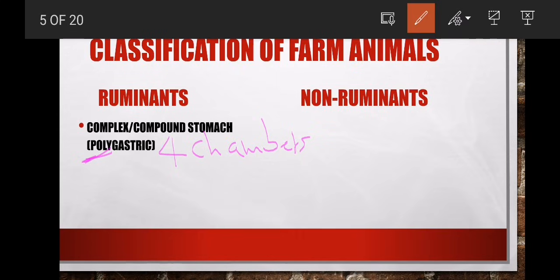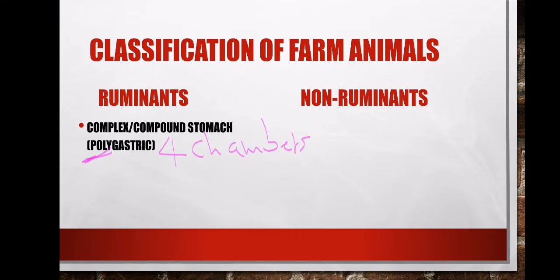Okay, fine. Let us take note of the other part, non-ruminant animals. The non-ruminant animals, we say they have a simple stomach, or one can say they have a single stomach, or a monogastric stomach.